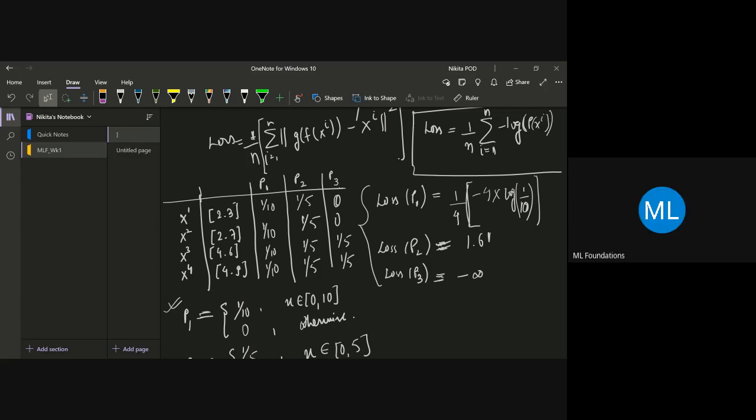Log of 0 goes to minus infinity, right? Sir told us in the lecture that we can take it as an infinitely large negative value, approaching a very large value.